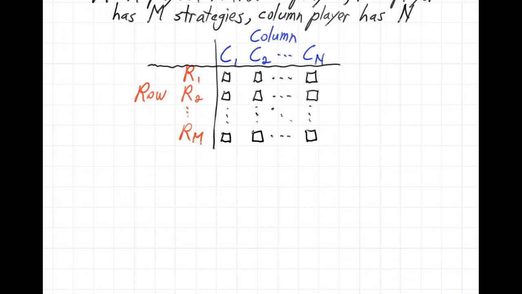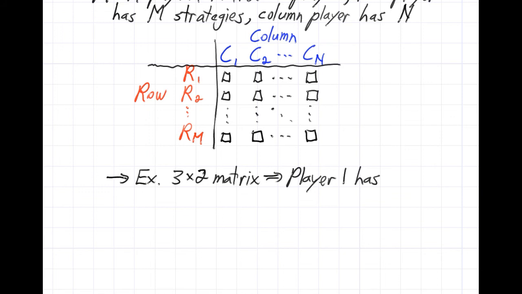So just to give you an example, hopefully it's already clear to you, but if we have a 3 by 2 matrix, that means that the first player, who we've been calling the row player, has 3 choices or available strategies, and the second player has 2 choices.